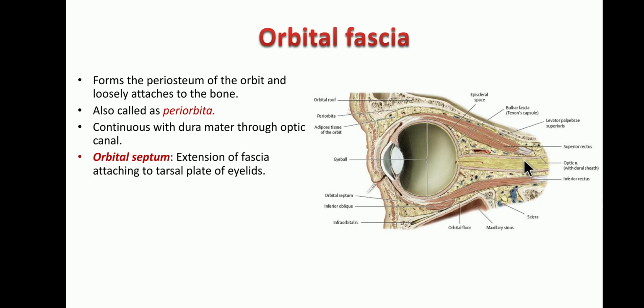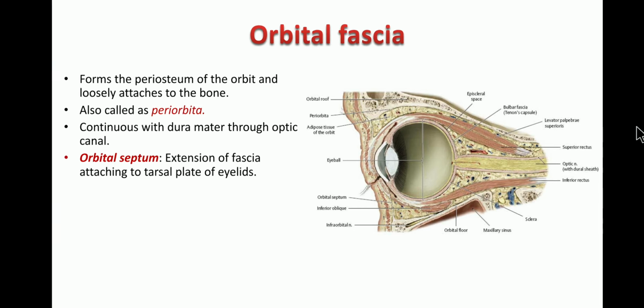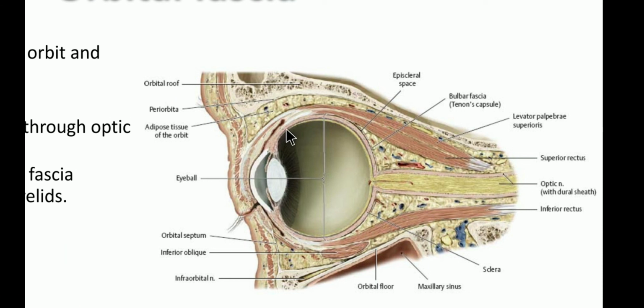So the orbital septum is an extension of the fascia attaching to the tarsal plates. You are able to see the orbital septum here, getting attached to the inferior and the superior tarsal plate.